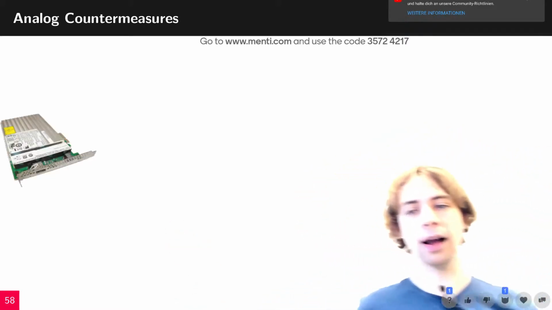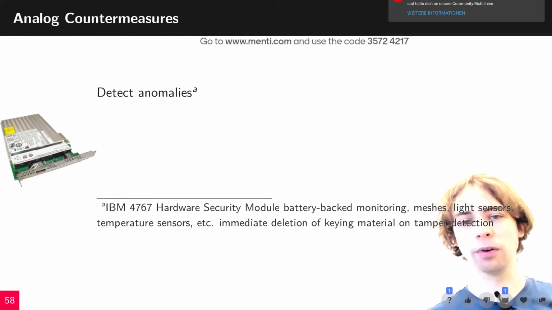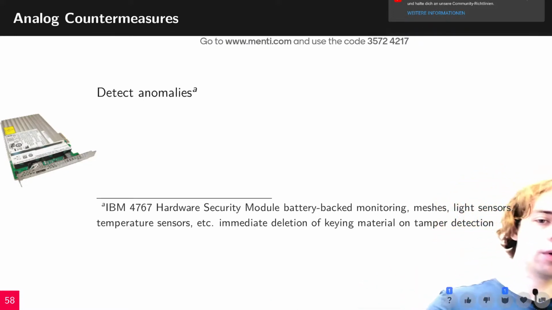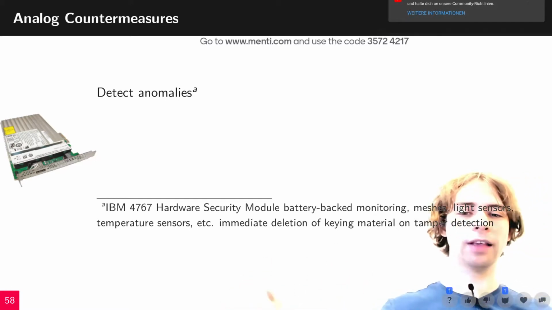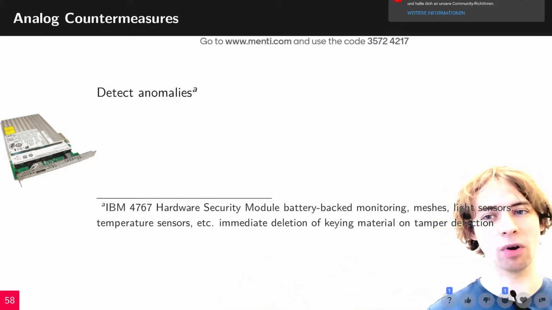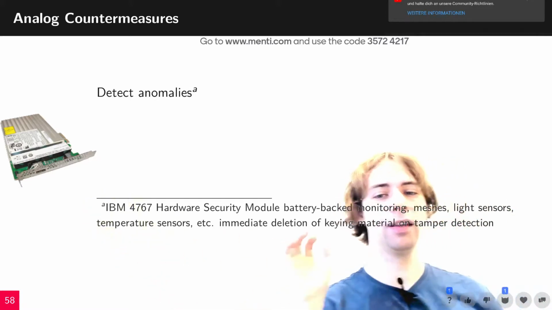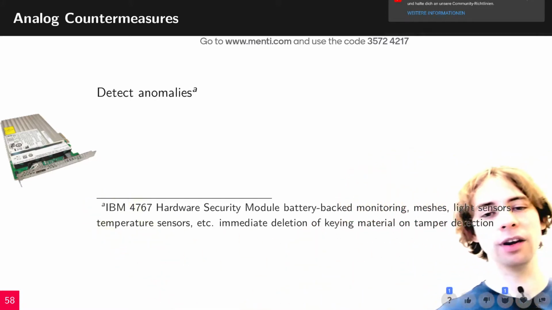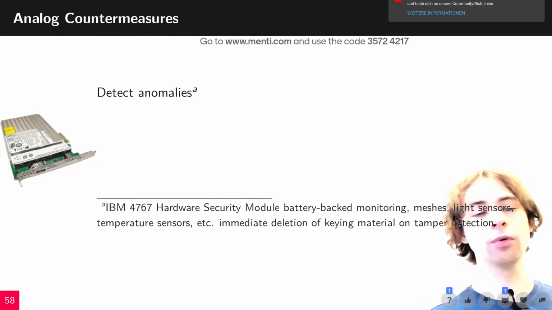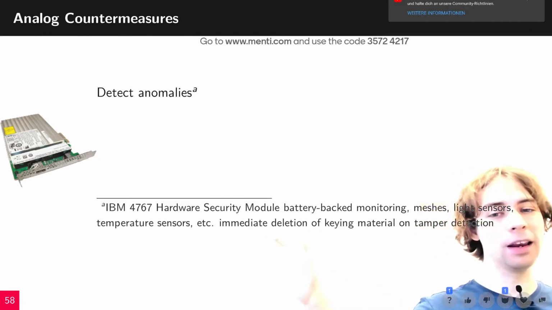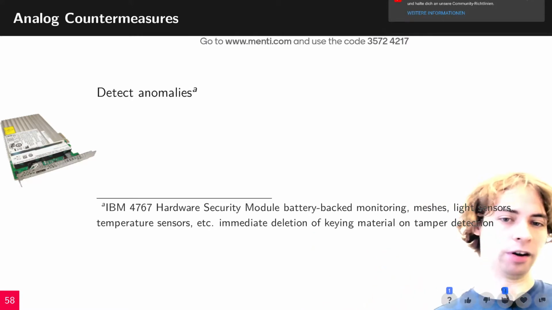For instance, this is an IBM hardware security module, and this has a lot of meshes, light sensors, temperature sensors, a lot of sensors to detect if something is wrong, if someone tries to open it. And this also has its own battery so that someone can't just remove the power. And if you try to manipulate it, it will immediately delete all the keying material on the device.